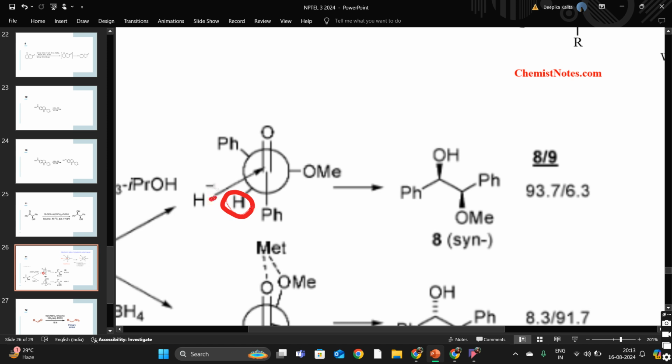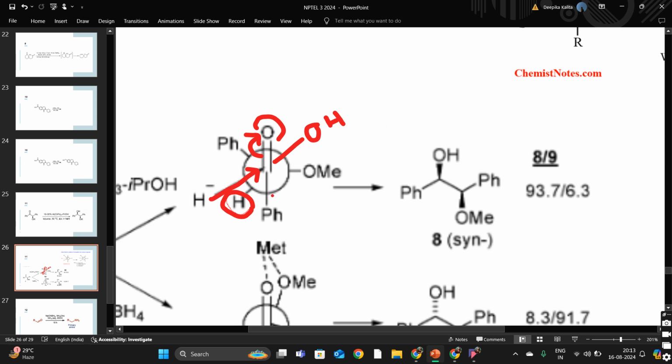So your hydride is coming from this side, and in turn your carbonyl oxygen will get converted into hydroxy, right? Because when the hydride is coming here, your arrow will go to this carbonyl oxygen, and this group will be pushed till here as a hydroxy.